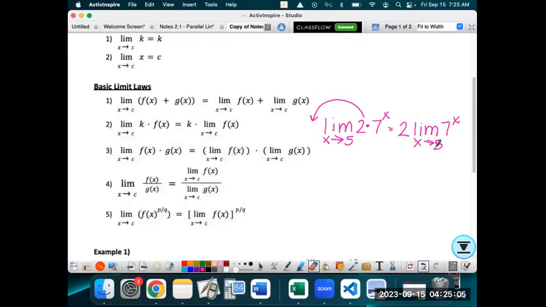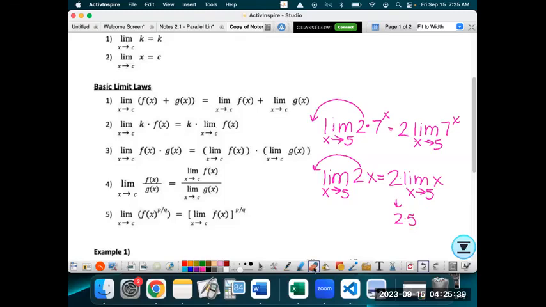Or, bringing it back to one of those basic limit laws, maybe I'm doing the limit as X approaches 5 of 2 times plain old X. Well, hey, I know the limit of plain old X can just be whatever the X value is that we're approaching. So I can bring that 2 out front: 2 times the limit as X approaches 5 of X. I know the value of that limit would be the X value that we're approaching. So then I can get 10.